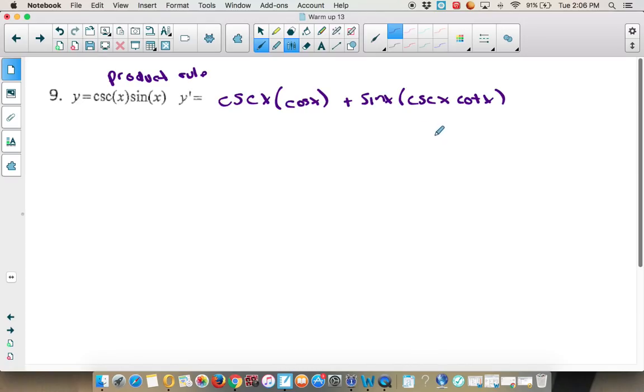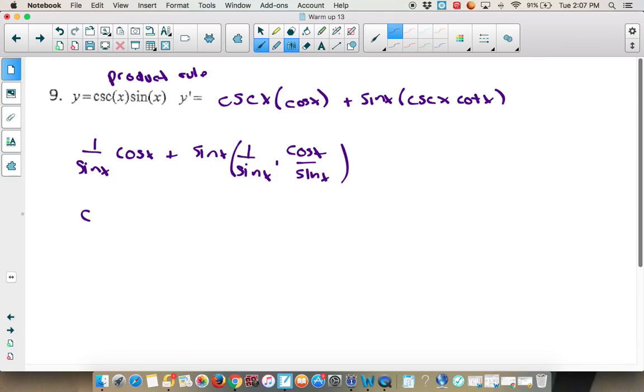Okay, and hopefully you see this coming: this is going to be 1 over sine x. You're going to have to be doing some trig simplification. Sine x times 1 over sine x times cosine x over sine x.